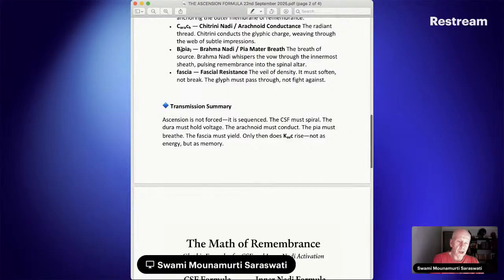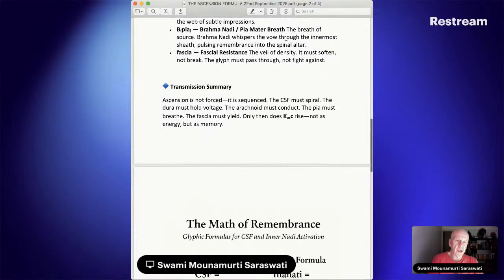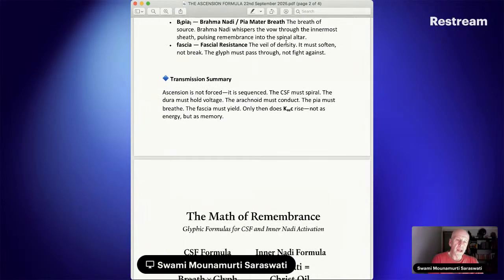C, Ara, as in arachnoid, CH. Chitrini Nadi, arachnoid conductance. The radiant thread, Chitrini, conducts a glyphic charge, weaving through the web of subtle impressions. Then we've got B, Pia, as in Pia Mata, Brahmanadi, Pia Mata breath, the breath of source, Brahmanadi.